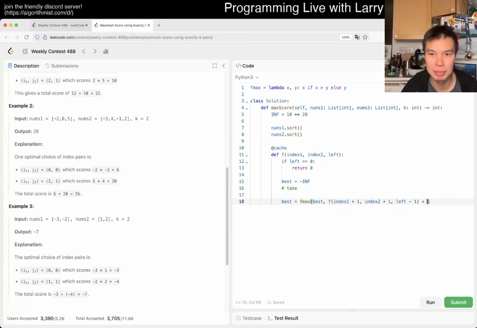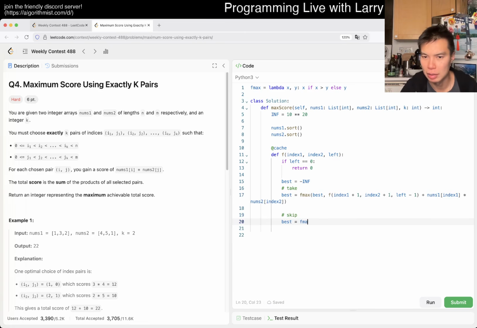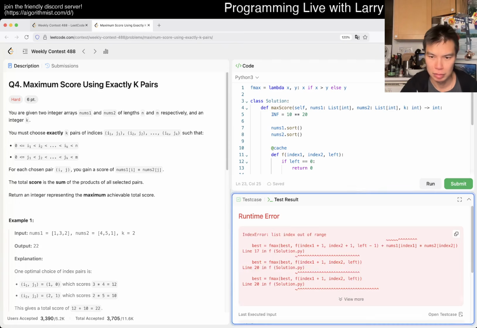So this is this plus nums1 index 1 times nums2 index 2. I feel like this is also maybe known literature, but I don't know. This feels very familiar, so I'm kind of surprised, honestly. Ooh.